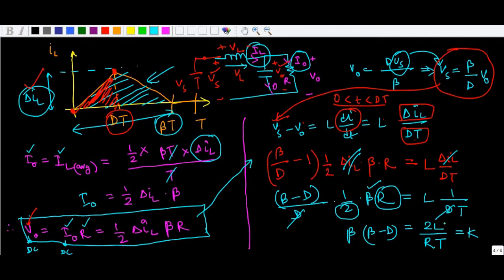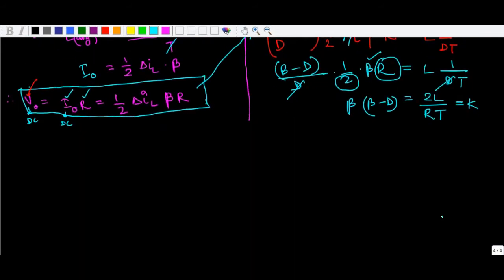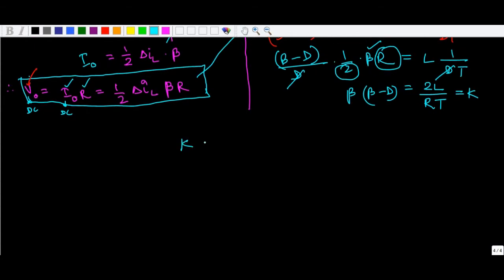So here we have derived a very important equation, let me write it down here: k equal to 2L over RT equal to beta into beta minus d.